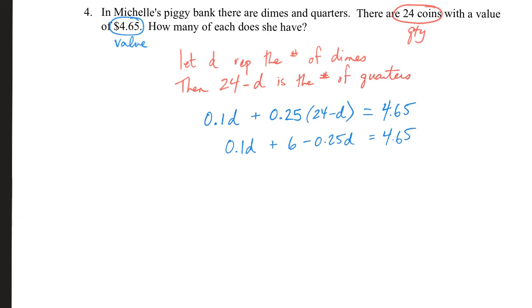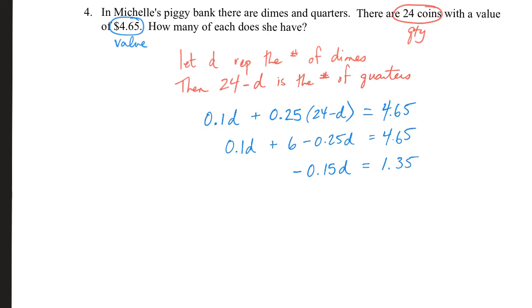On the left side, I'm going to have negative 0.15D. And then if I subtract off my 6 on the other side, I'm going to get 1.35. Okay, hopefully you see my mistake. If you don't, it's going to pop up to you in a moment.